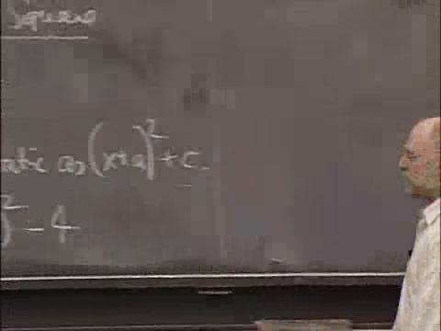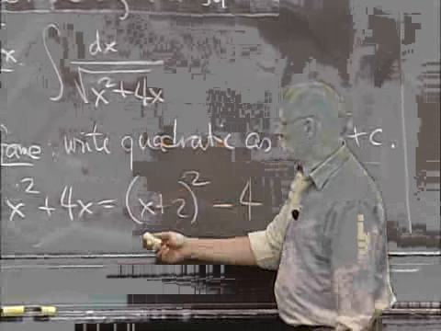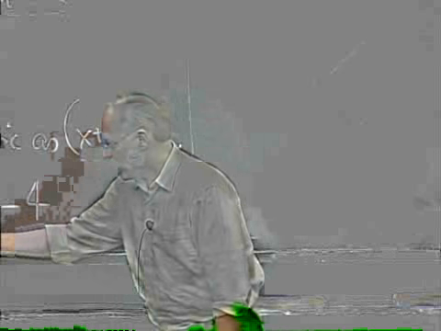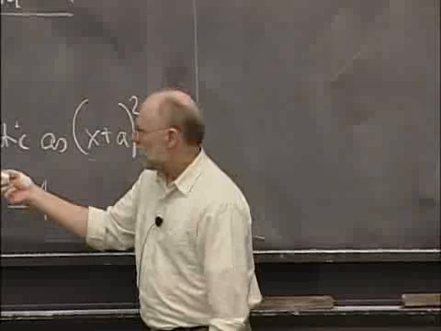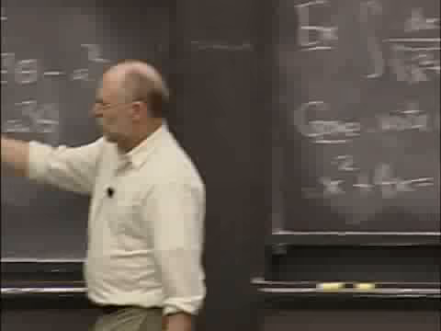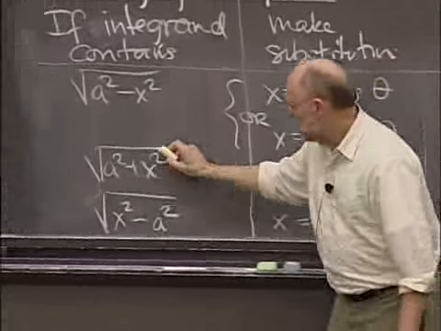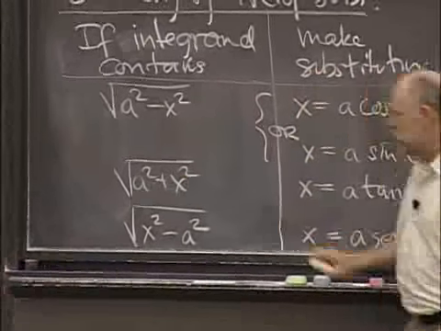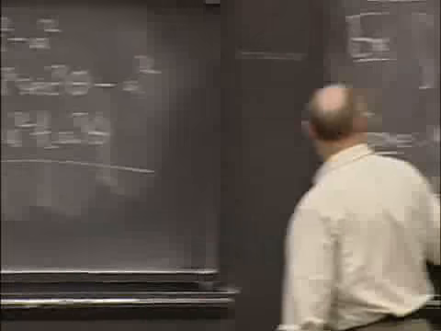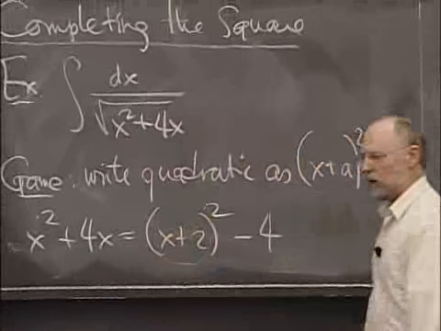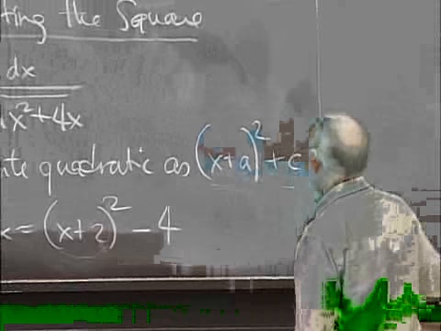So let's do that. I can rewrite this denominator like this, and then I'm going to try to use one of these forms over here. So in order to get a single variable there instead of something complicated like x plus 2, I'm inclined to come up with another variable name and write x plus 2 as that other variable name.